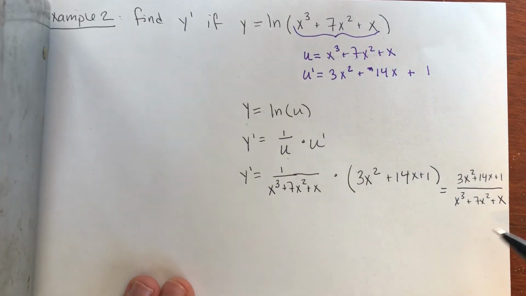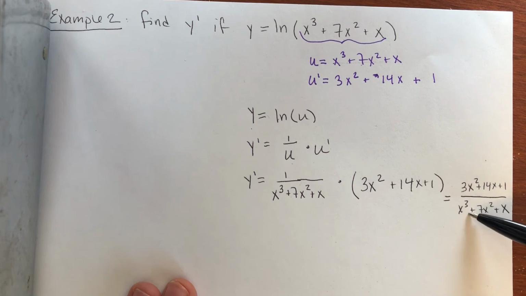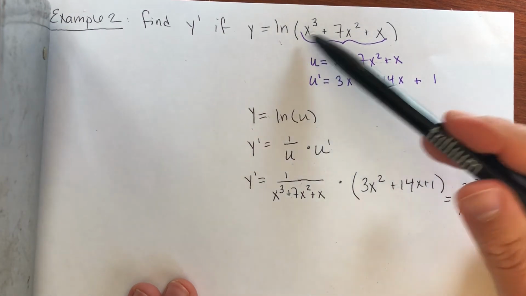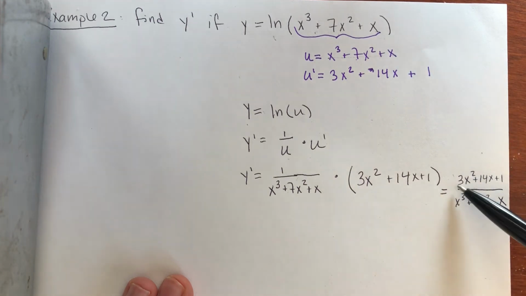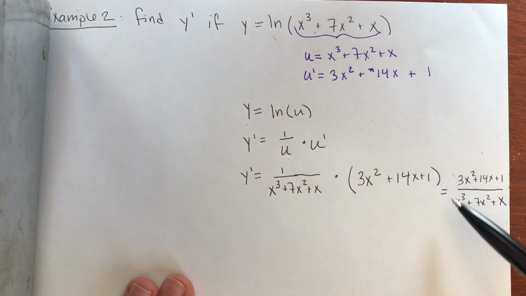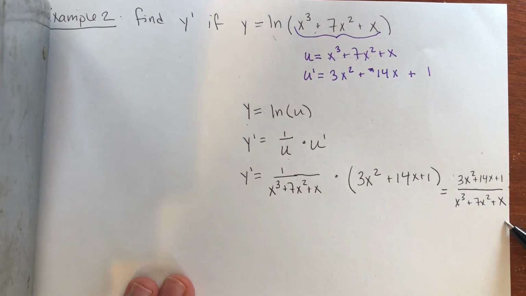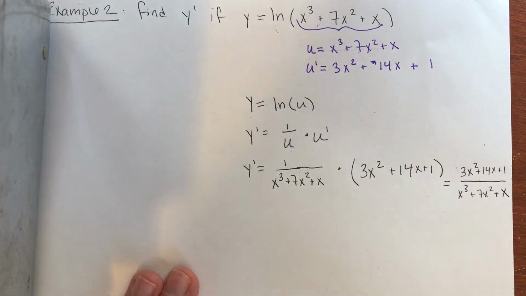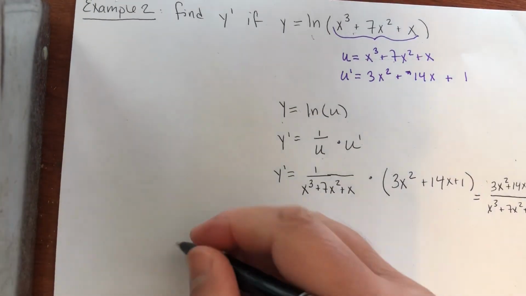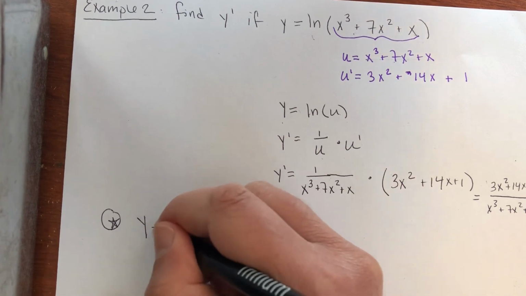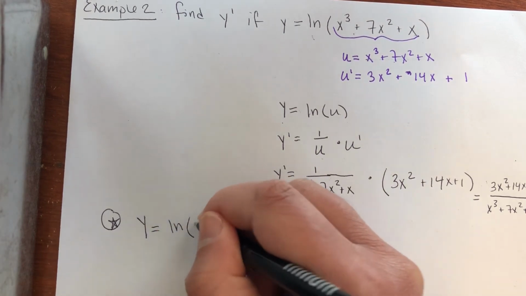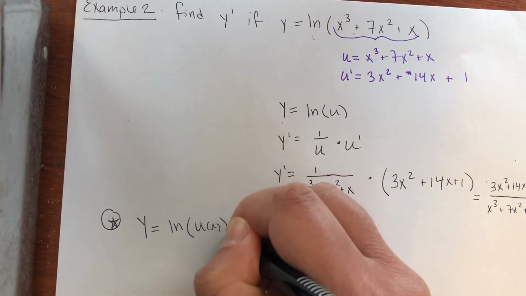Okay. All right, notice what happened when we took the derivative here. When we had ln of a polynomial, the derivative ended up being a fraction where the numerator was the derivative of the inside function and the denominator was the original inside function. This is always going to happen when you're doing the chain rule and you have a function of the form y equals ln of some other function u.